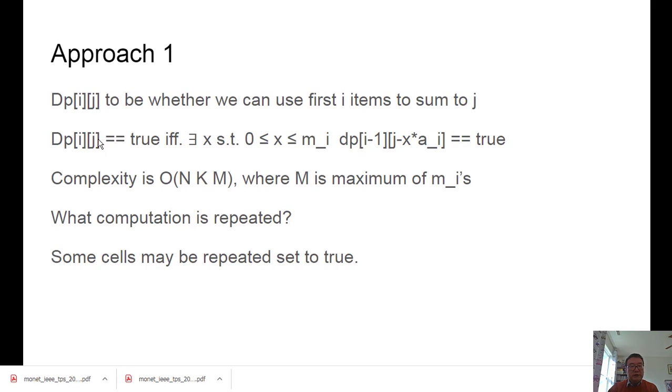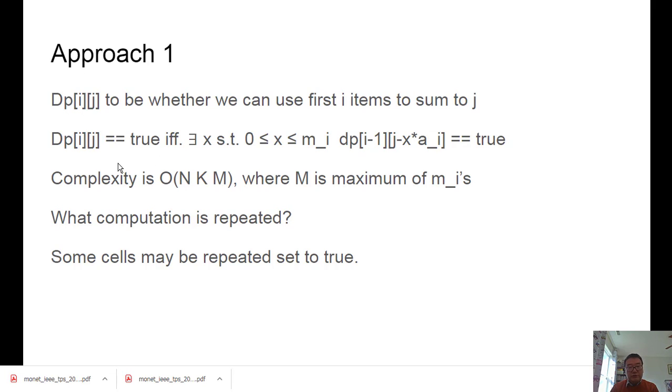When we are considering j minus a_i, when we check this, we're trying to see whether we can use 0 of this to form j minus a_i. So in other words, this check can be done by checking dp[i][j - a_i].